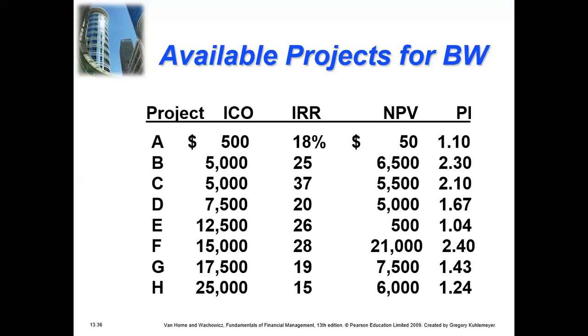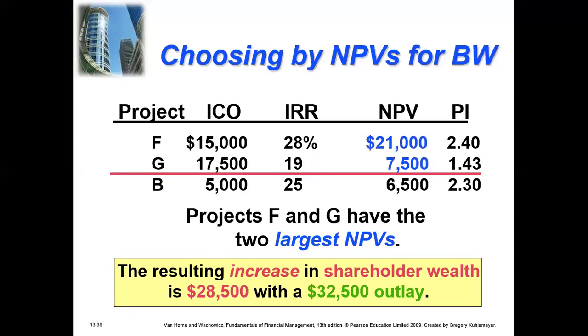So if we choose projects on the basis of NPV, we will choose project F and project G for our investment, and it will give us 28,500 total increase in shareholder wealth. The total increase is 28,500.